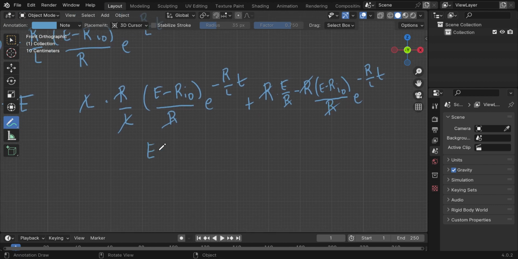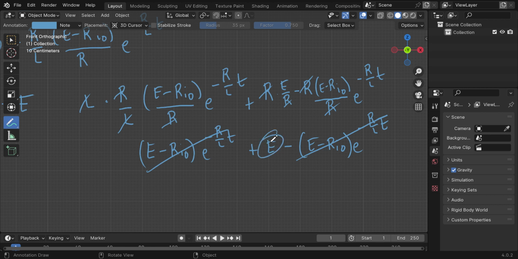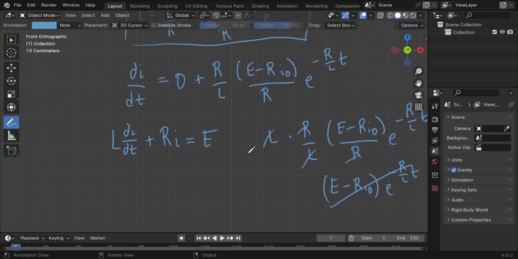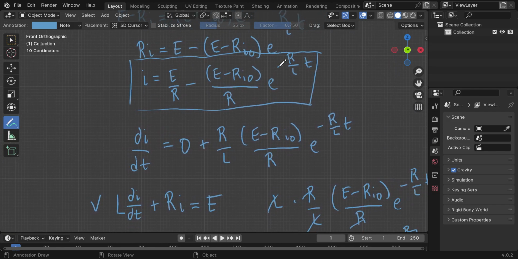We're left with E minus R I0 times e to the negative R over L t plus, all that's left is E minus R I0 e to the negative R over L times t. This and this cancel out, and all we're left with is that. So we've verified that. There is your solution.